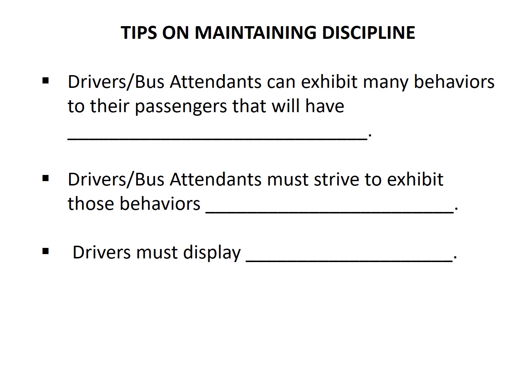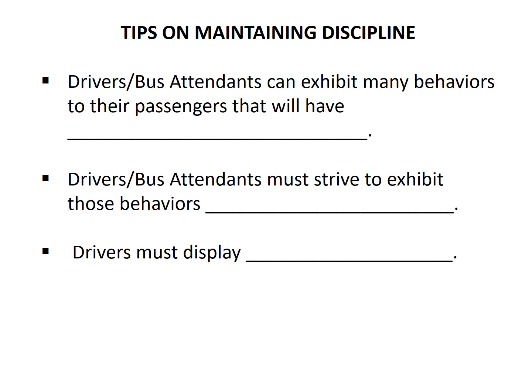So having talked about that, let's talk about tips on maintaining discipline. The adults, the bus drivers and bus attendants, are the role models. You lead by example, you set the example for the students. Drivers and bus attendants can exhibit many behaviors to their passengers that will have either a positive or negative effect on their passengers' behavior.